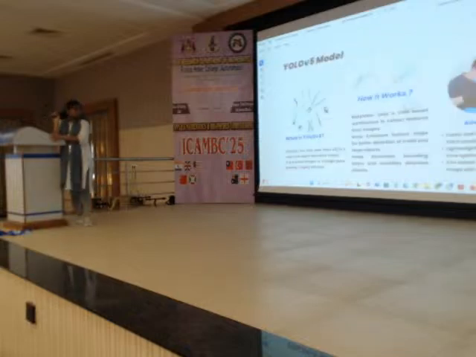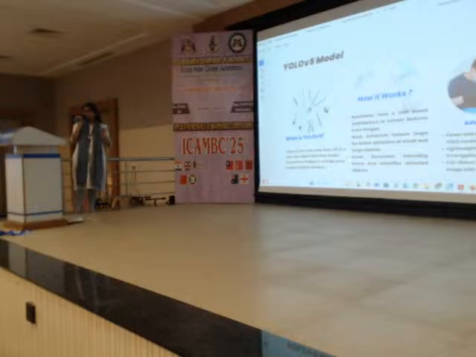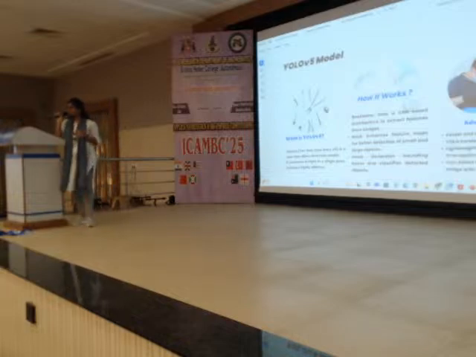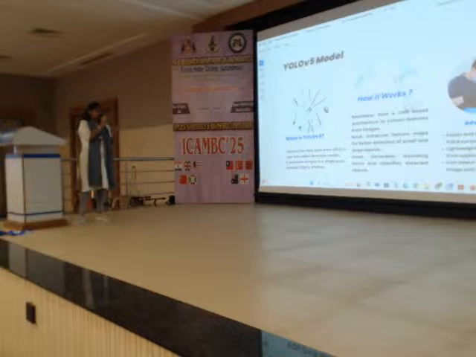Next slide, please. Let me explain what YOLO V5 is. YOLO V5 is a real-time object detection model, which is a pre-existing model. Here I have specifically used this model to detect abnormalities in X-rays. It works with three components: backbone, neck and head.